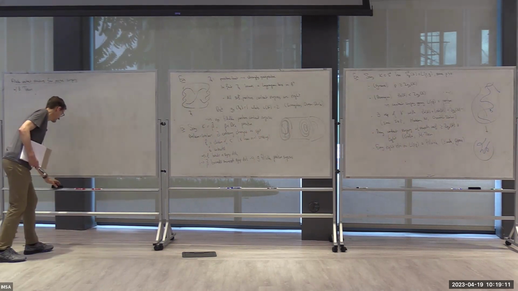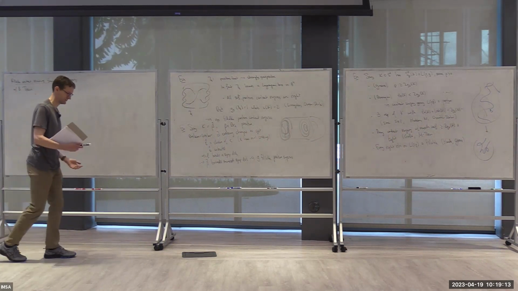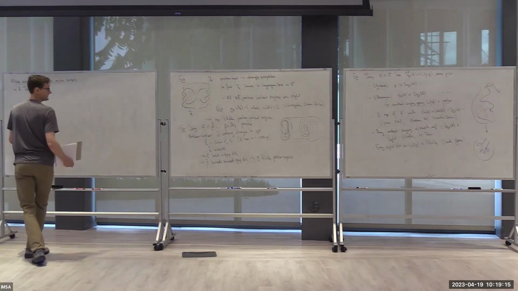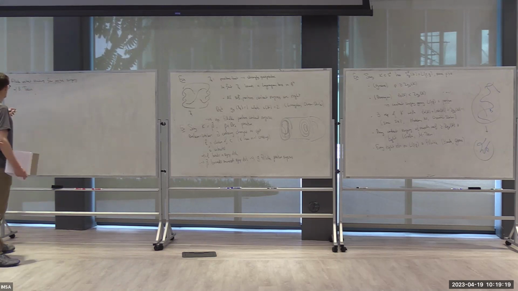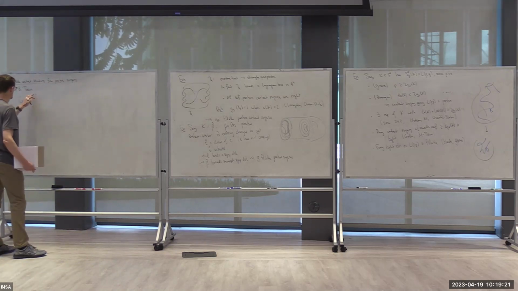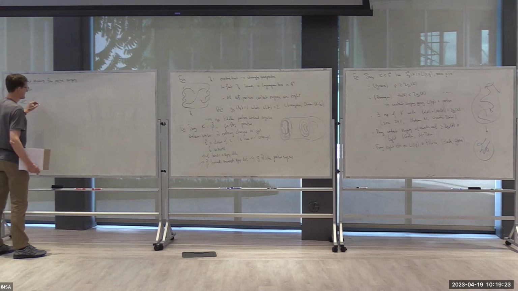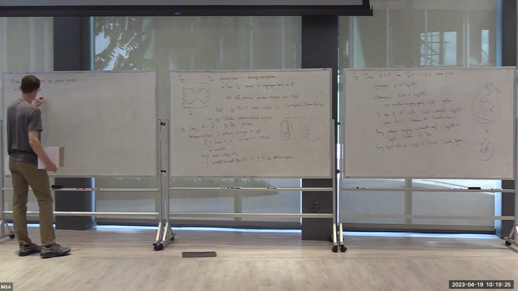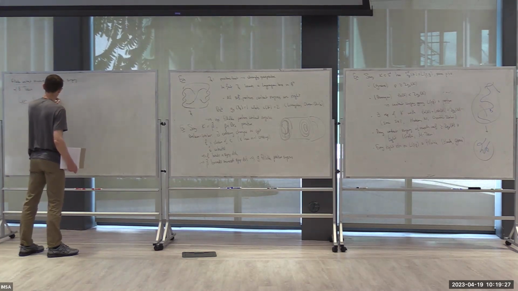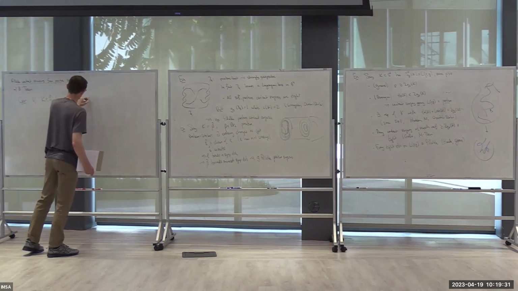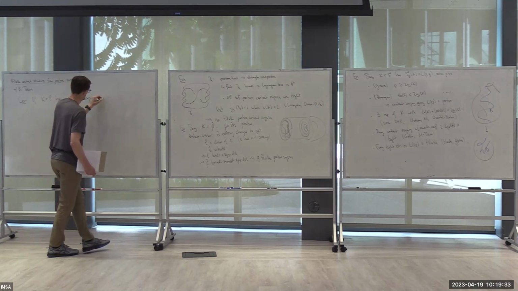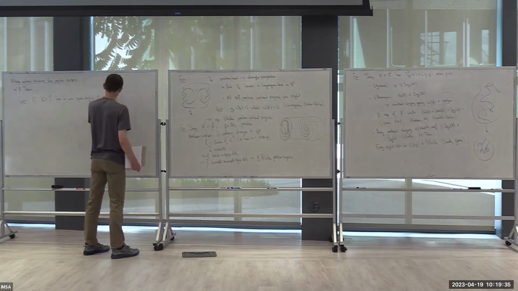Well, so maybe I just erased. If you have a lens space now, then its clasp number has to equal its four-ball genus.